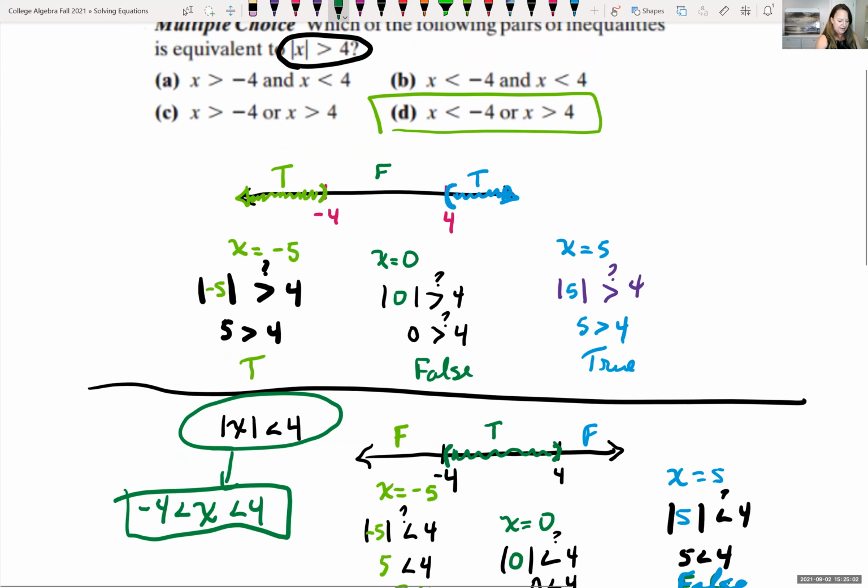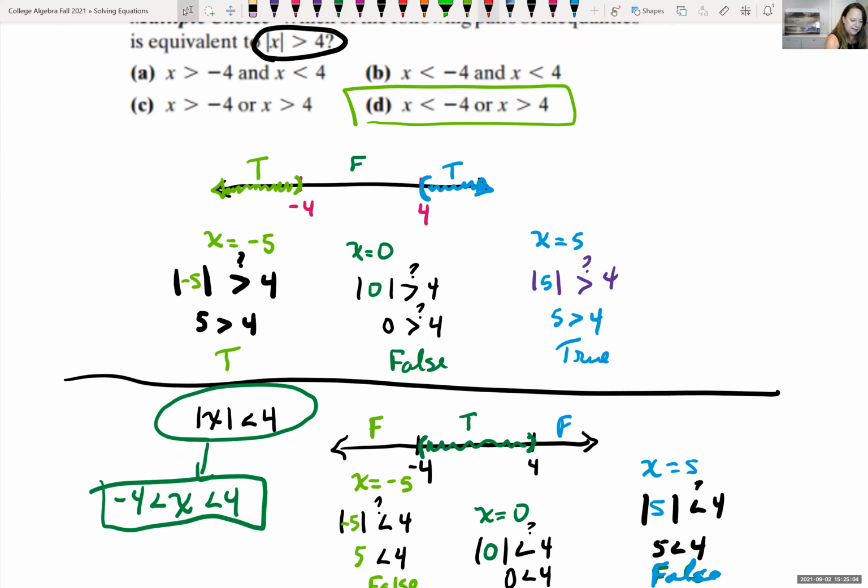Where when we had it as a greater than sign, when we dropped the absolute value symbol, we set it less than the negative of what we had on our absolute value inequality, and we dropped the absolute value and kept the same direction, greater than 4. So less than the negative and greater than the positive.